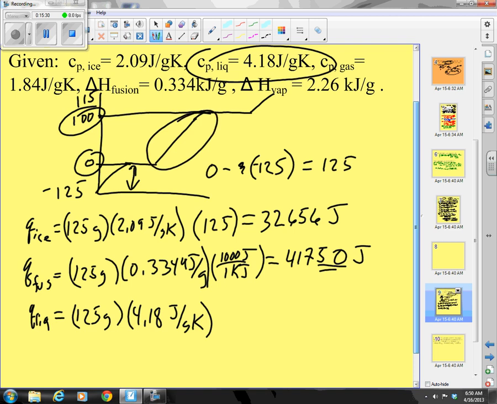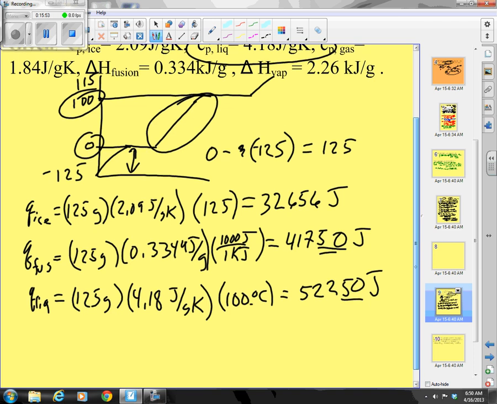We're talking about that range right there. So 100 degrees Celsius. 125 times 4.18 times 100, and I get 52250 joules. And how many sig figs? 3: 1, 2, 3.